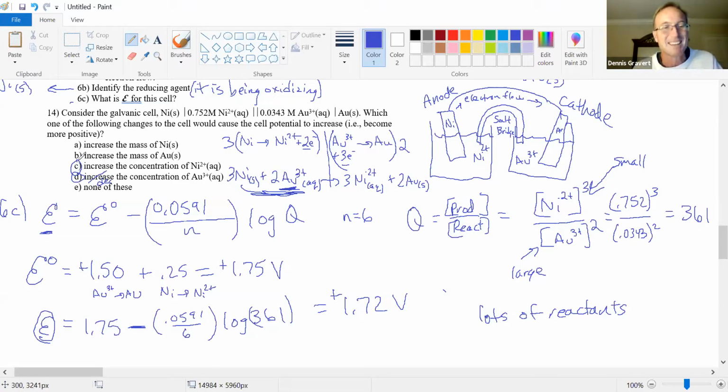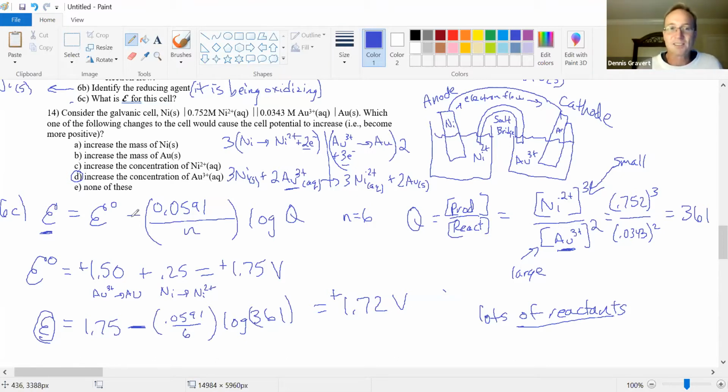Where's my reverse button? Gosh, almost have to re-record this whole video for a stupid mistake, but I got it. Okay, let's start that again. Gold is the reactant. You need lots of gold. Yes, this is the reactant. Okay, so increase the concentration of gold. Right? Let's go to the answer key and look up number 14, double check.